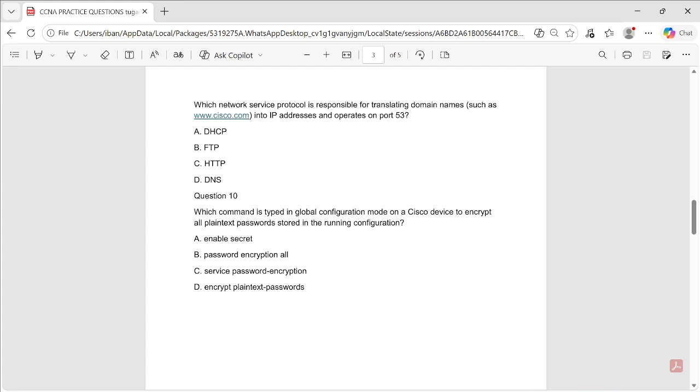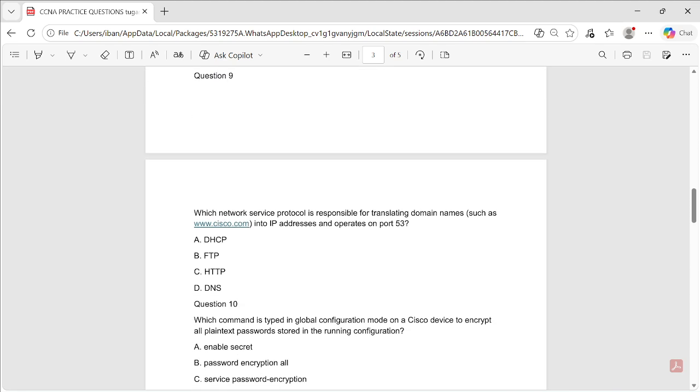The answer is service password-encryption. This command converts all passwords that are still plain text, such as the console password or enable password, into type 7 hash so they cannot be easily read when viewing the output of the show running-config command.